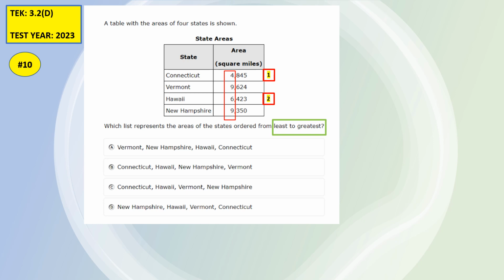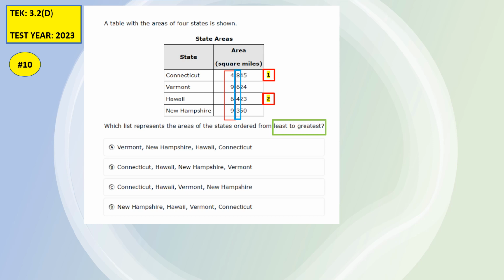All right, now this is where it may get kind of tricky because Vermont and New Hampshire both have a 9 in the thousands place. But that's okay. We can go ahead and move on to the hundreds place to see which number has the smallest number in the hundreds place. Well, that's New Hampshire.